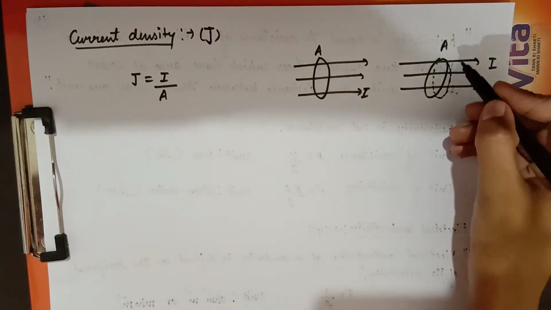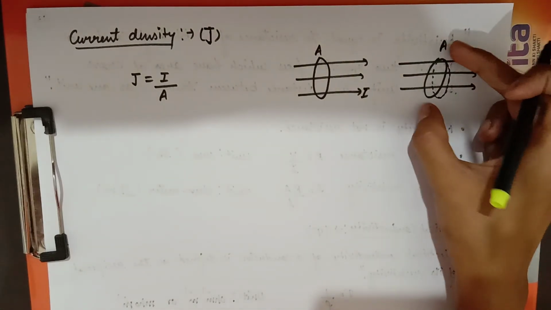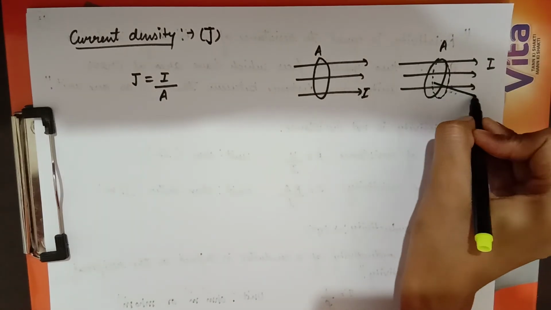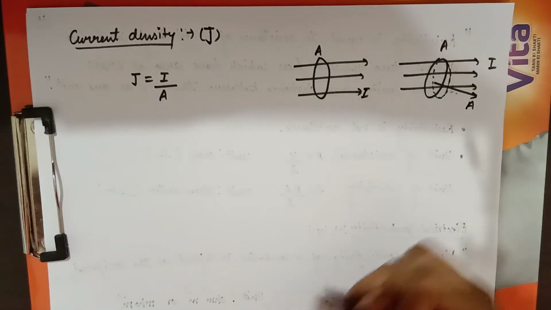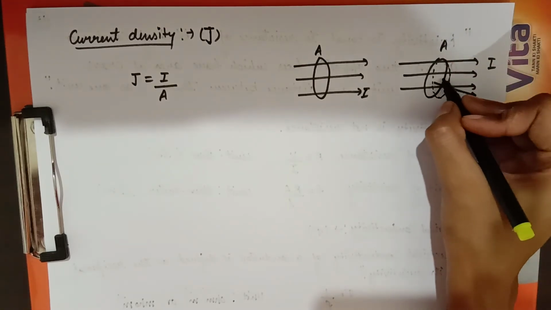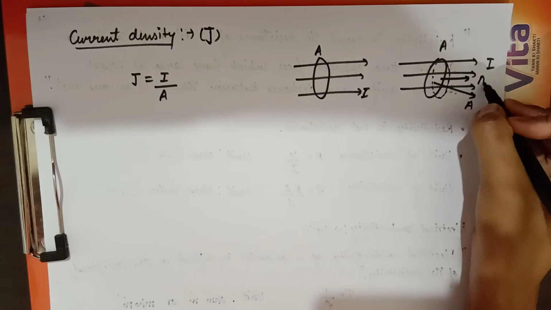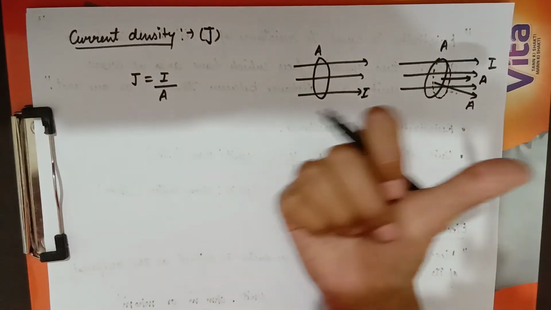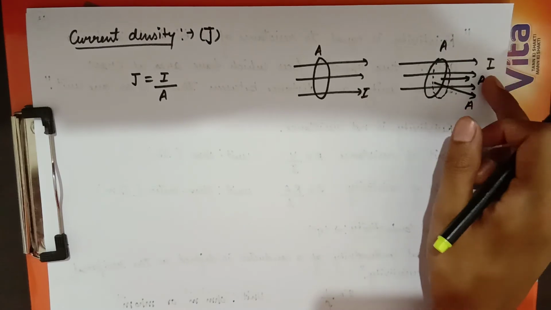You can see that when the cross sectional area was tilted like this, the area component was in this direction. Now I have tilted it by an angle theta, and the area vector is also in this direction. This is the component normal to the direction of current.